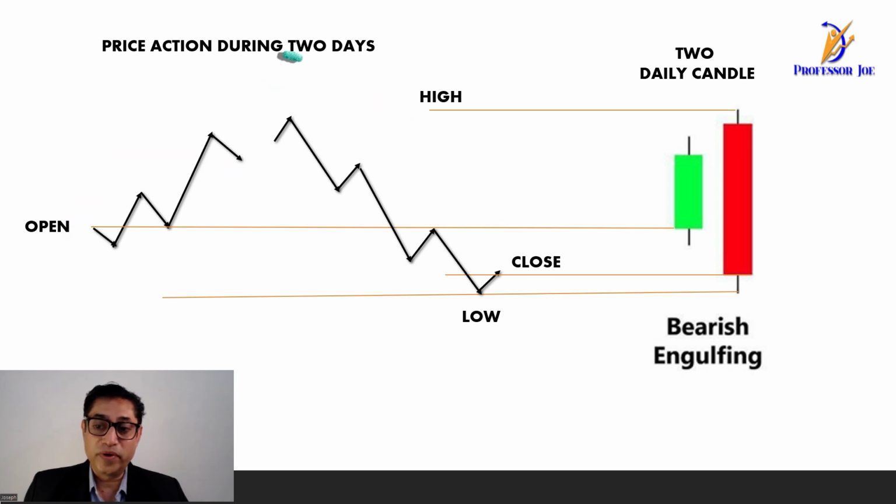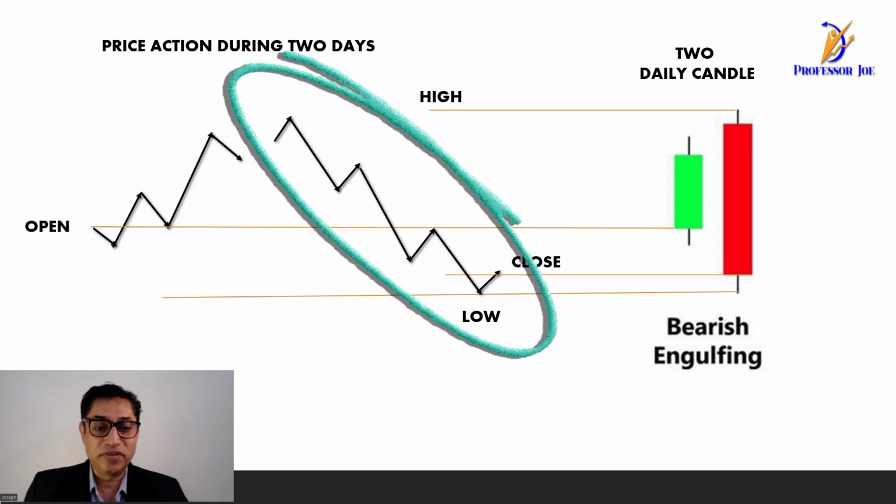The next day, the price opened a little bit higher than the close of the previous day. Then it went a little bit up, created a high, then came down, went a little bit up, came down, went a little bit up, came down again, created a low, and then went a little bit up. You can see the tail over there, and it created a close.